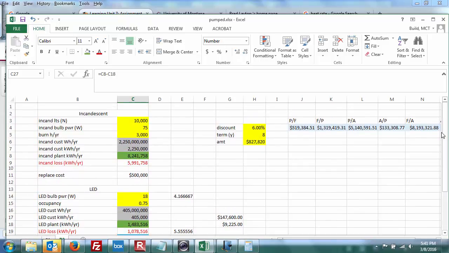What is this in watts? It'll mess up my sheet here a little bit, but I just want to figure this out. Power, watts, equals burn hours per year.